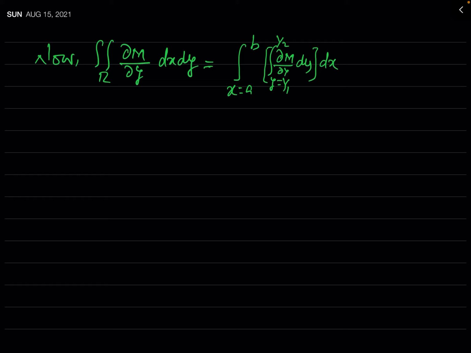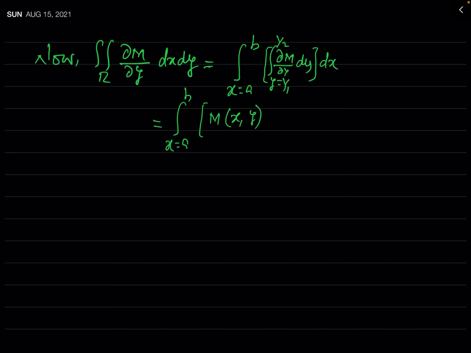This is just a simple integral, you can easily evaluate it. You can see here, x equal to a to b, and the integral of del m by del y dy, what will it be? This will be simply m of x, y.